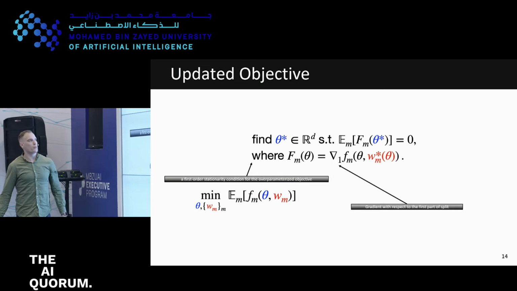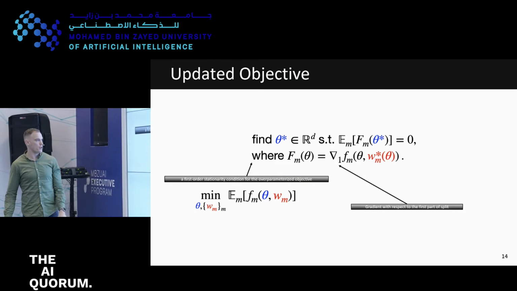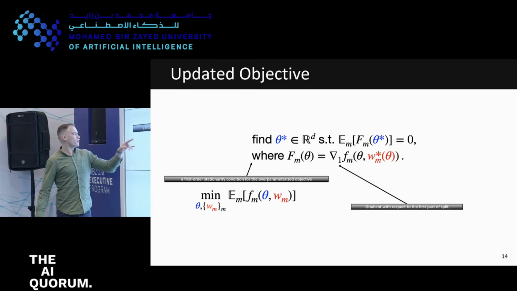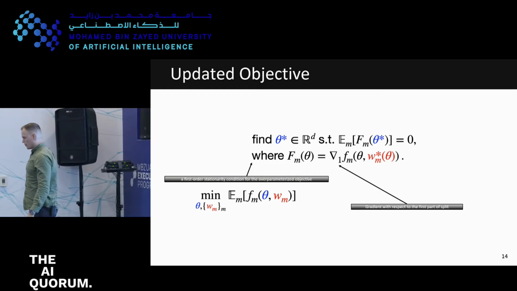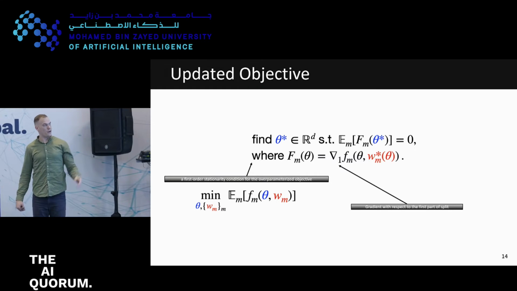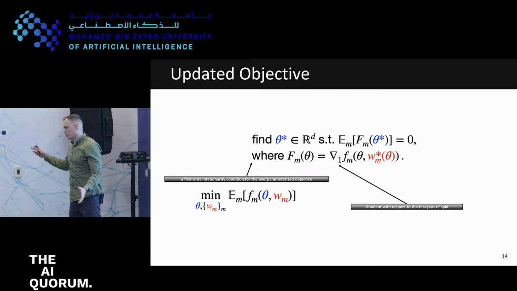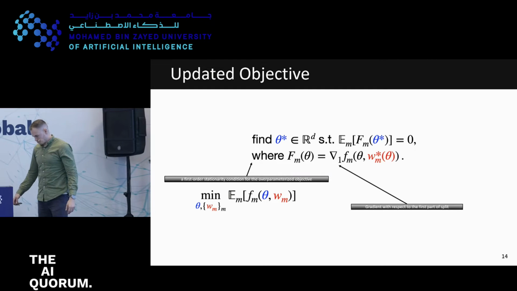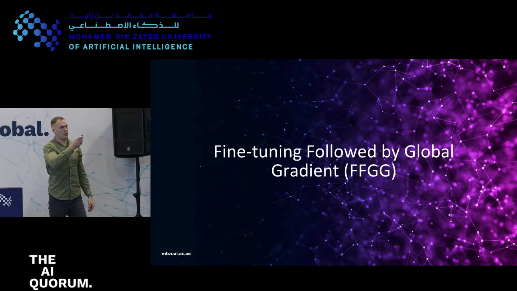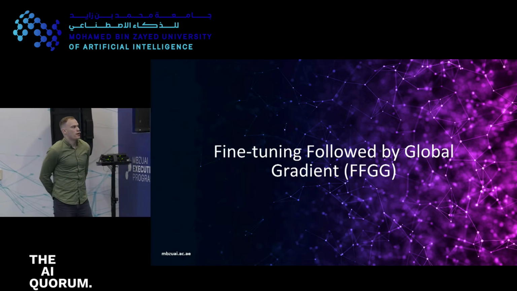So what is this objective? We're trying to find a first-order stationary condition for this over-parameterized, or over-personalized, objective.